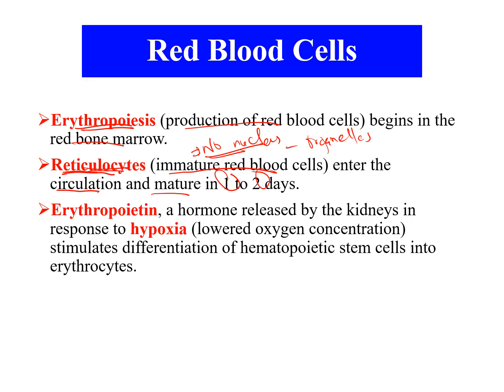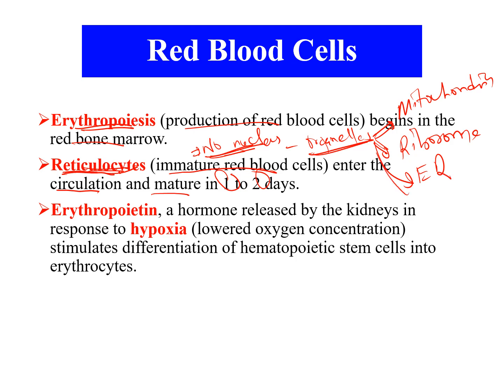But even though the reticulocyte, in comparison to a mature red blood cell, does not have a nucleus, the reticulocyte has organelles such as the mitochondria, some ribosomes, and the endoplasmic reticulum.